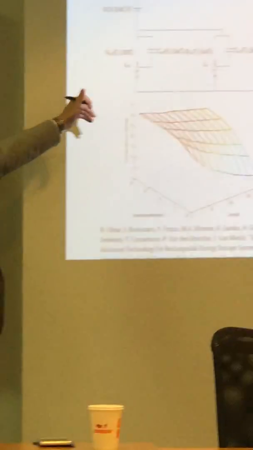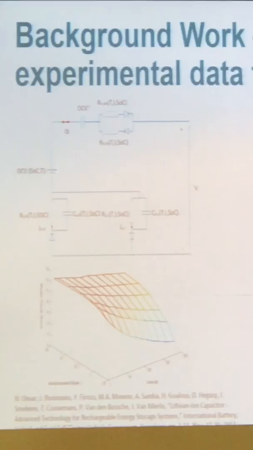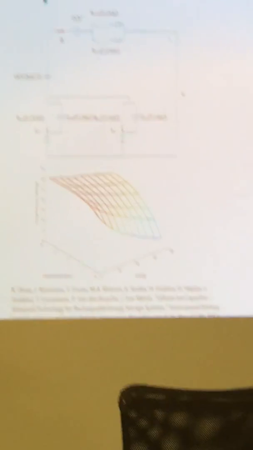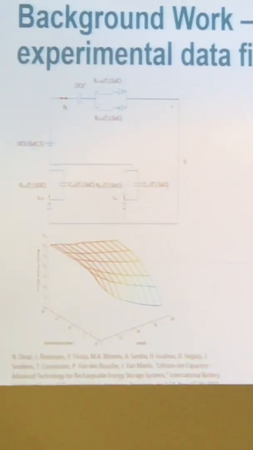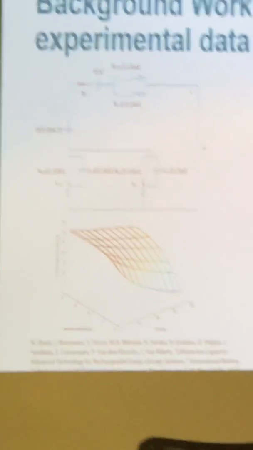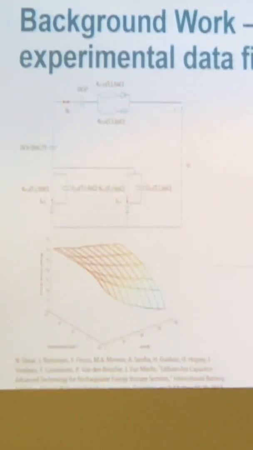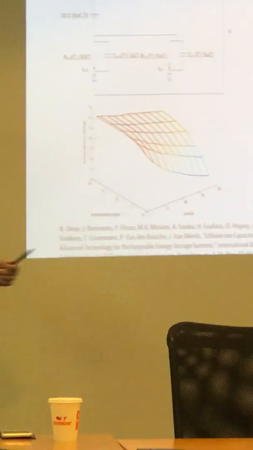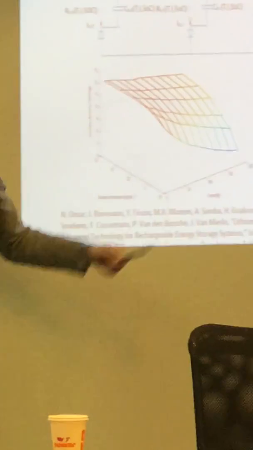So 2013, Omar et al. over in Spain took a lithium-ion capacitor, did an experimental data fit with the Freedom Car model, and looked at this LIC at various charge currents and various temperatures, and measured the energy storage. What they found is at warmer temperatures, the device stores a little bit more energy, but it has a little bit lower current.